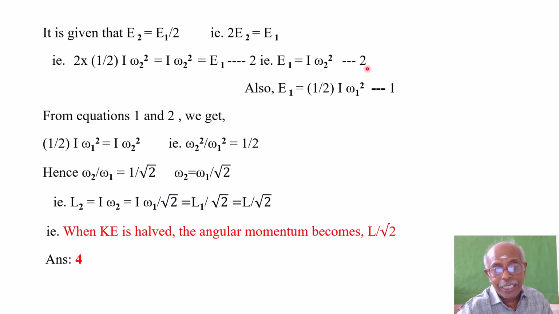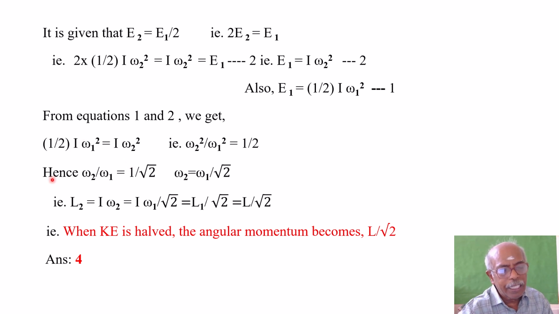Also in the previous step, we have seen that E1 is equal to half I omega 1 square. So in equation 2 and equation 1, the LHS are equal, so the RHS must be equal. So half I omega 1 square is equal to I omega 2 square.